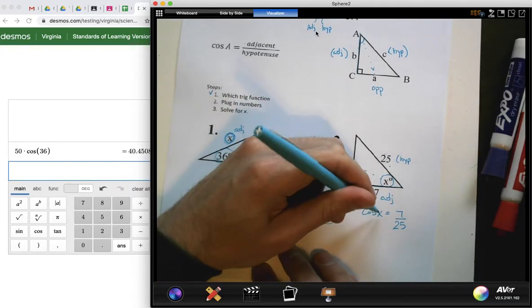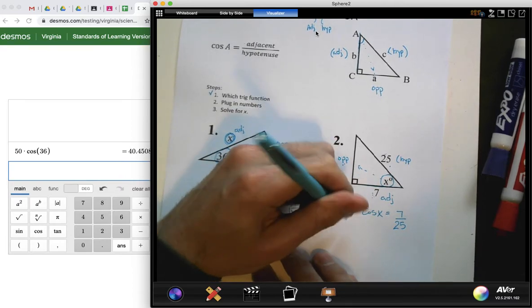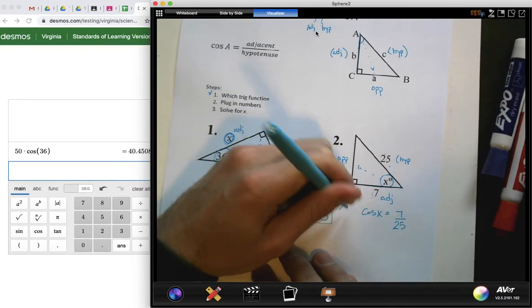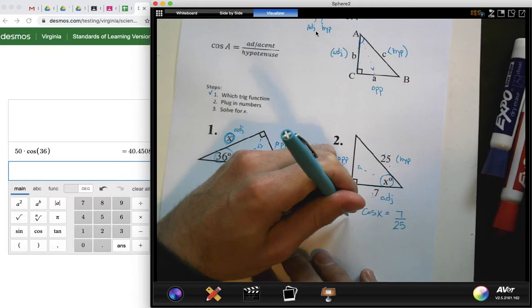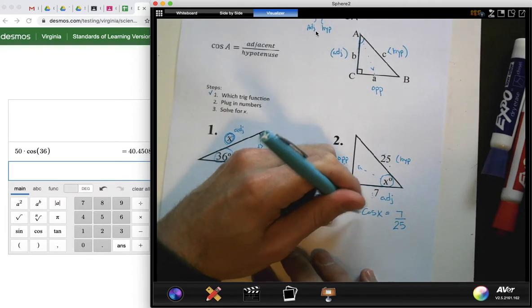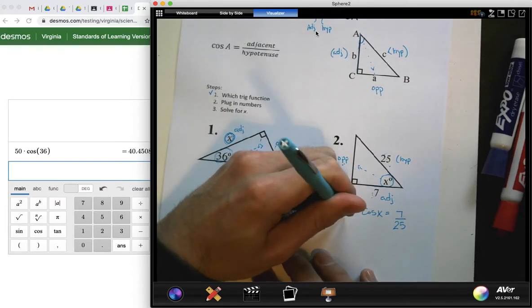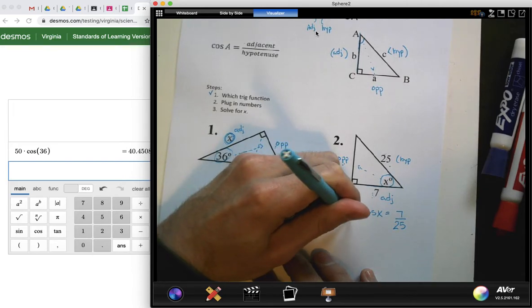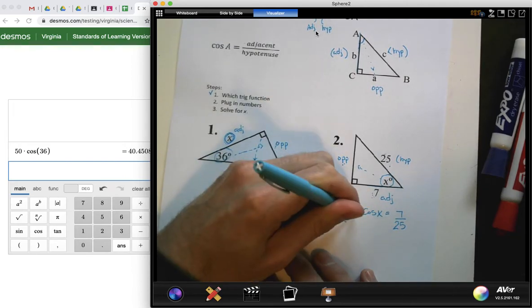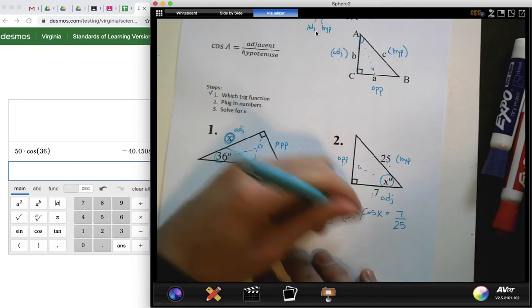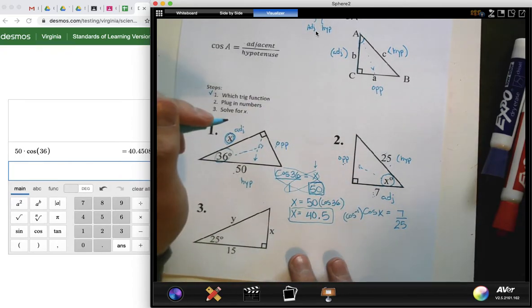However, if x is an angle that you're looking for, what we need to do is multiply both sides by its opposite, or its inverse. So the inverse of cosine is cosine inverse. Okay, and that's going to be in our calculator somewhere.